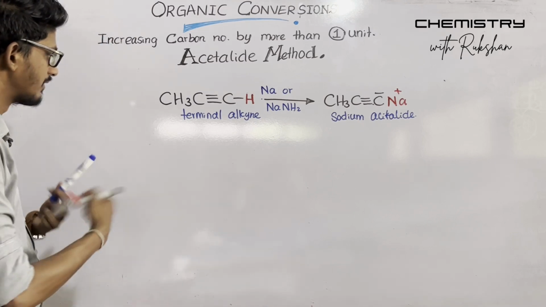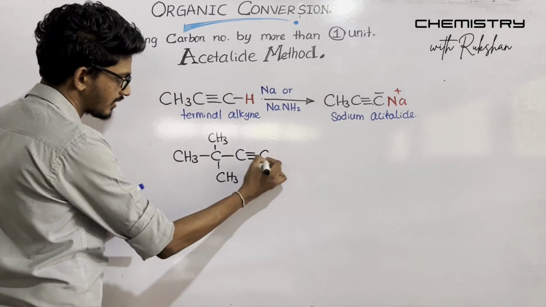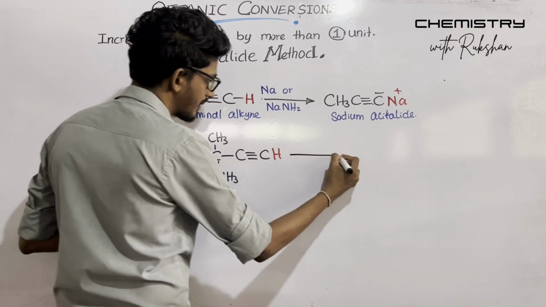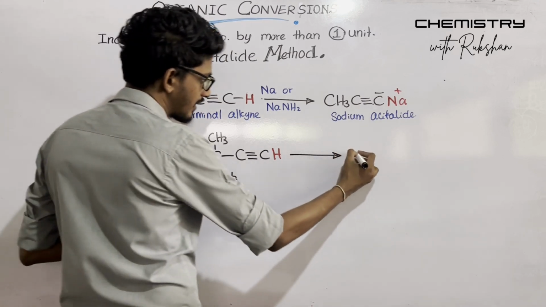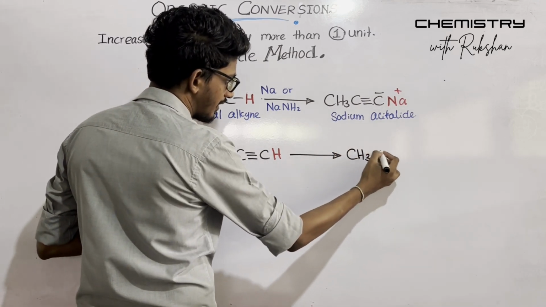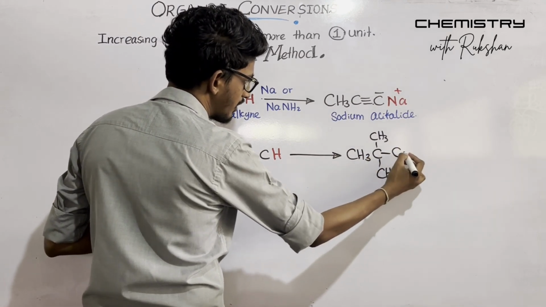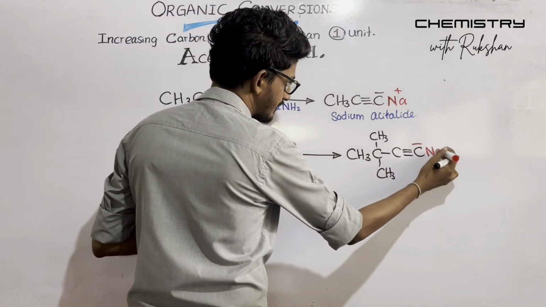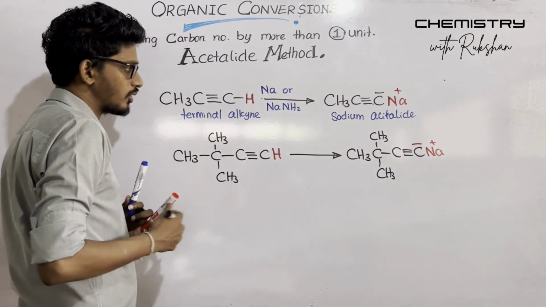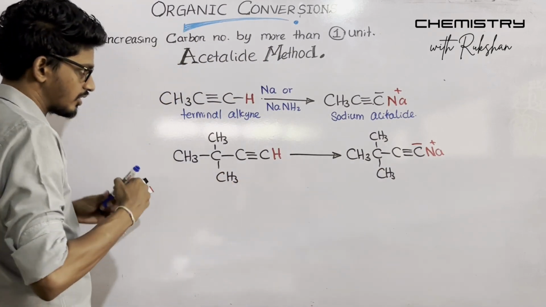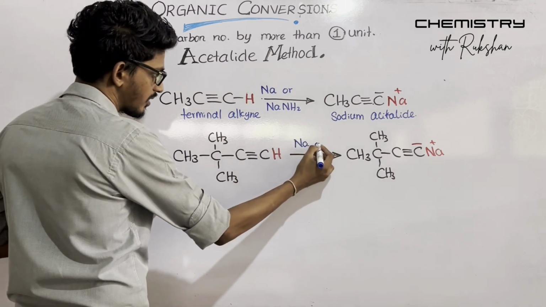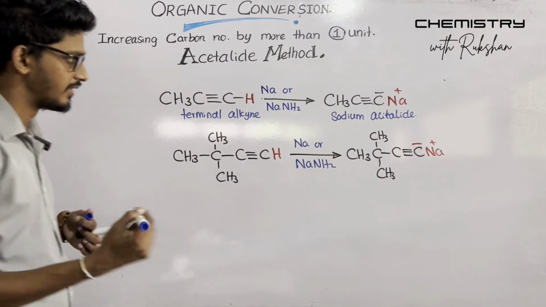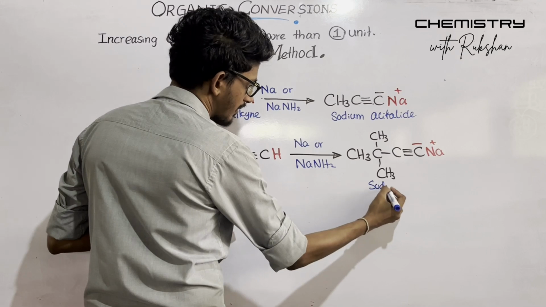This acidic hydrogen can be replaced by those sodium ions if you use sodium or NaNH2 with this terminal alkyne. So the reagents to go with are sodium or NaNH2. That is how we come up with sodium acetylide.